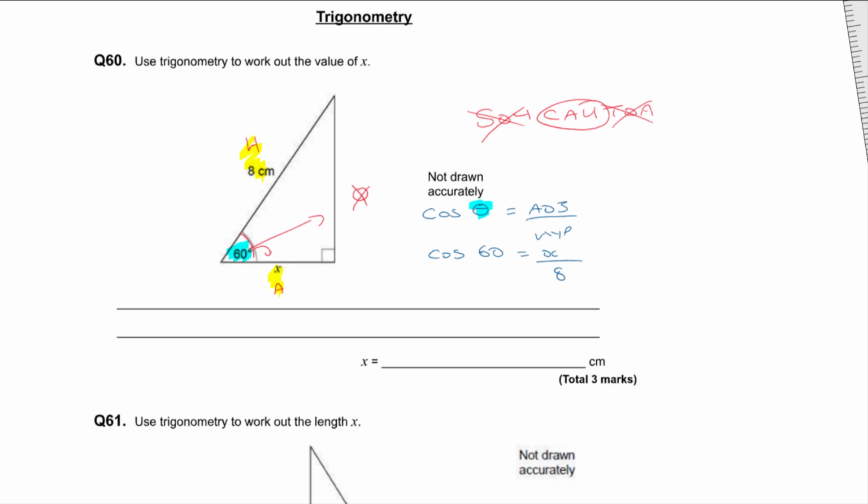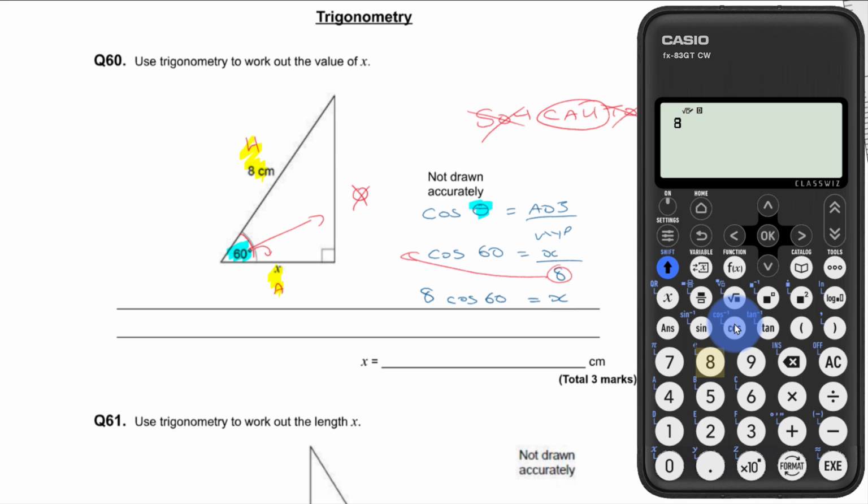So we've got cos 60 equals x over 8. Rearranging, multiplying both sides by 8 has the effect of moving that 8 up to there, so I get 8 cos 60 is equal to x. At this point, we just need to type it into the calculator. So what is 8 cos 60? That comes out to be 4.